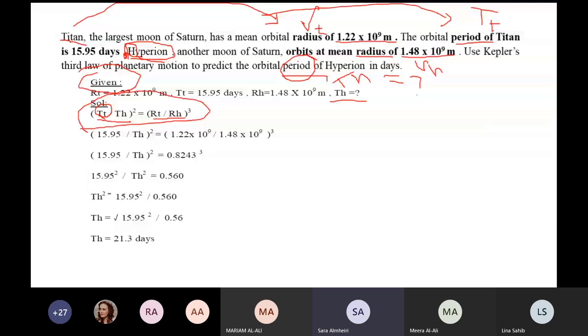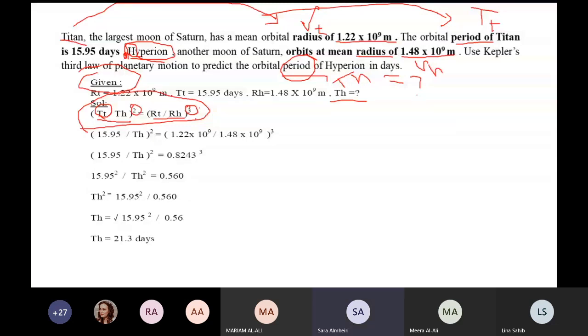Did you get me? So T Titan divided by T H. Then after that R Titan divided by R H to the power 3. Don't forget R to the power 3 with T to the power 2. Did you get this information? You have to keep this formula in your mind.